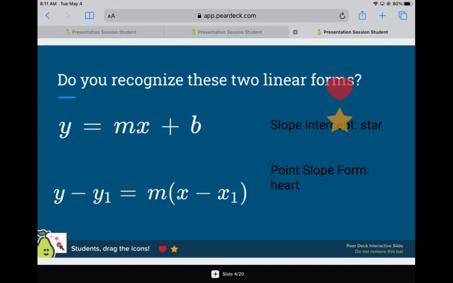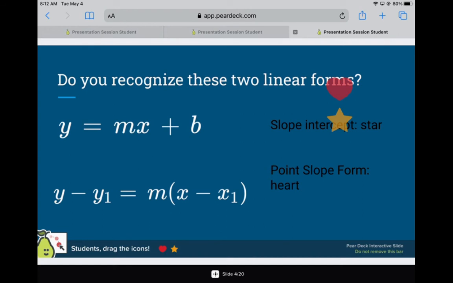Now, do you recognize these two linear forms? The first one is y equals mx plus b. The second one is y minus y1 equals m times (x minus x1). I'm going to ask you to match the name with the function. So go ahead and drag the icon to the right one. Let's see if you remember.